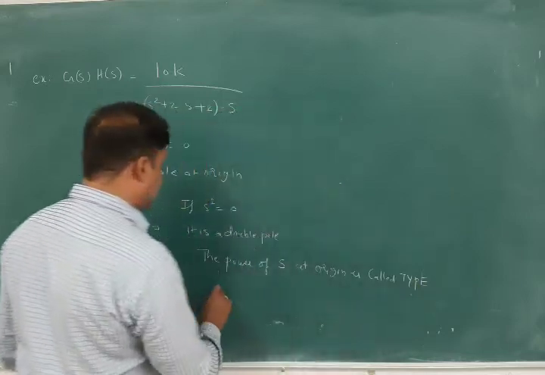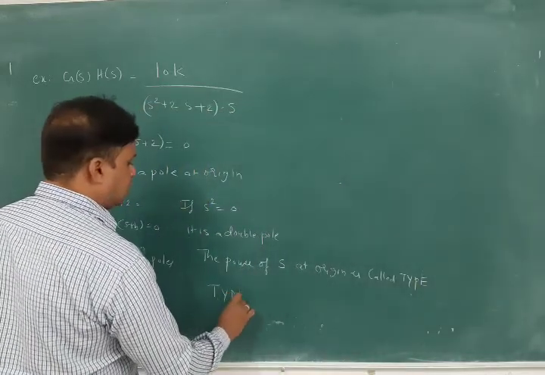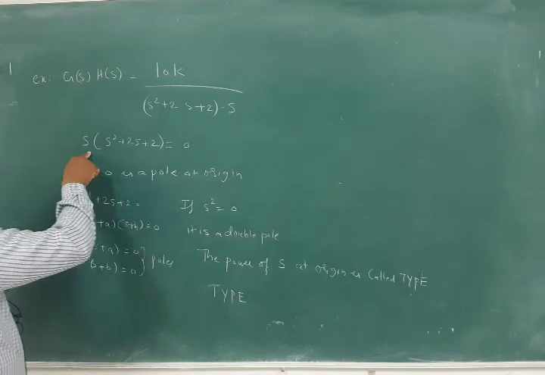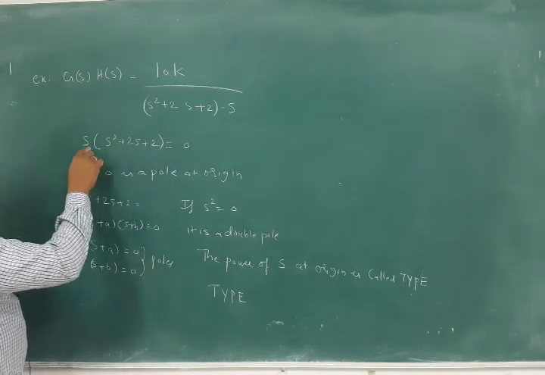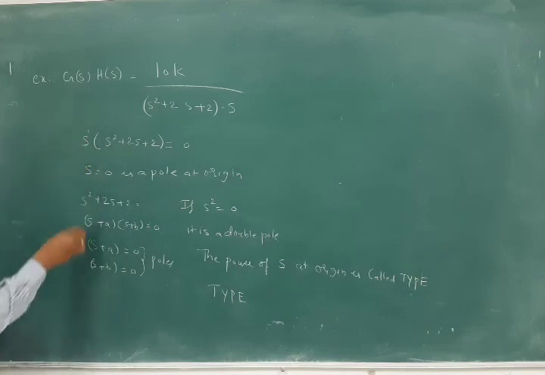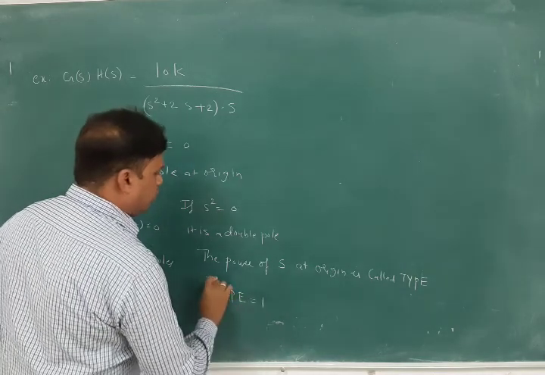So here, if you see s into s square plus 2s plus 2 is equal to 0, what is the power of s? It is 1. So type is equal to 1.